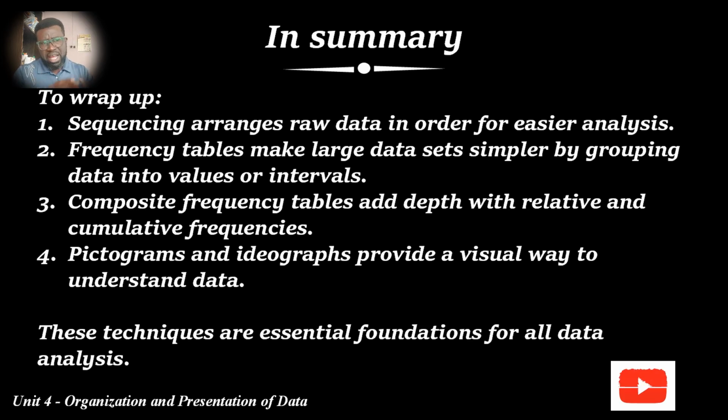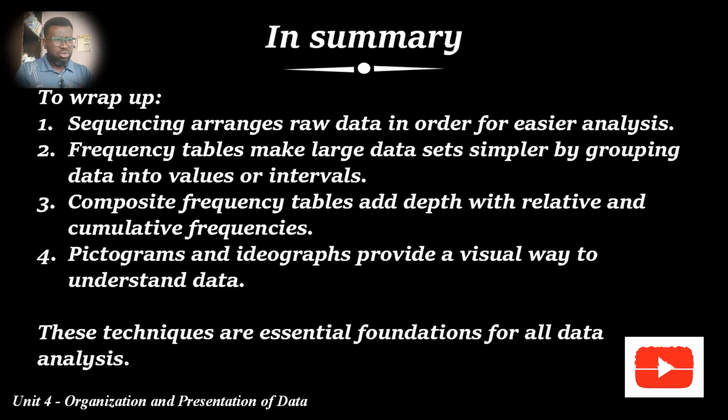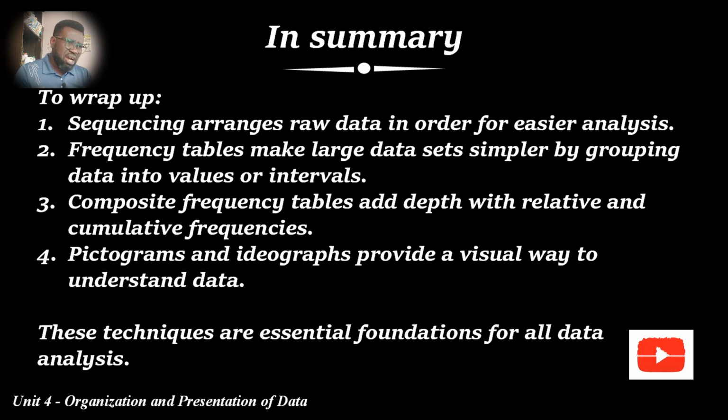We talked about the composite frequency table, which adds depth with relative and cumulative frequencies. We also talked about pictographs and ideographs, which provide a visual way to understand data. These techniques are essential foundations for all data analysis.